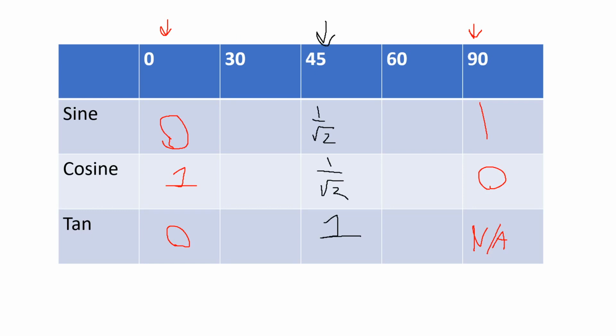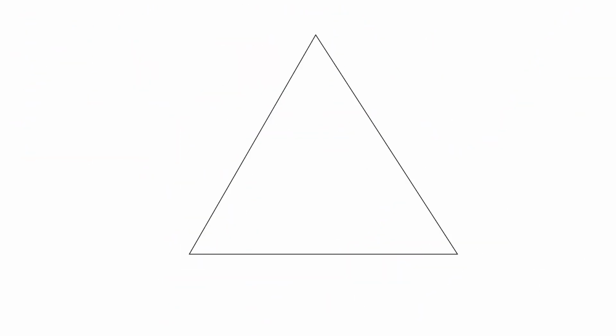Now, let's focus on 60 and 30. So we need another triangle which is equilateral. And if it's equilateral, then this is 60, this is 60, and this is also 60. Now we need all of the lengths to equal 2.